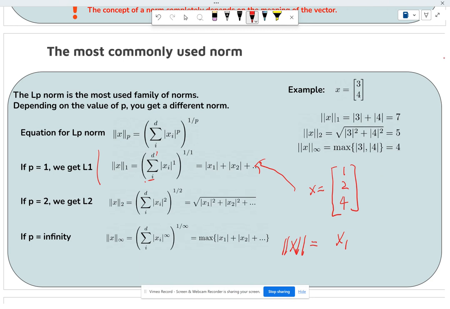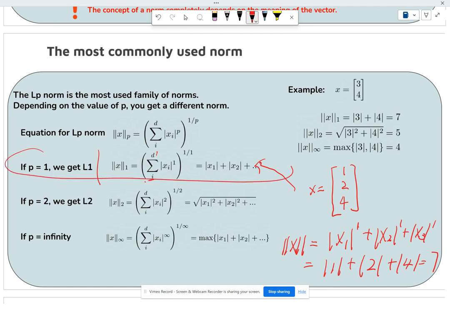x1 to the first power plus x2 to the first power plus x3 to the first power. So what is x1 here, which is just 1, plus 2, plus 4. So the norm here is 7. So L1 norm, this is how you calculate the L1 norm.